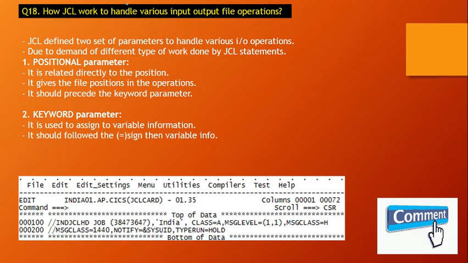How does JCL work to handle various input-output file operations? JCL defines two sets of parameters to handle various input-output operations. Due to the demand of different types of work done by JCL statements, there are two types of parameters: positional and keyword parameters. A positional parameter is related directly to the position. It gives the file position in the operation, and it should precede the keyword parameter. A keyword parameter is assigned to variable information, and it should be followed by the keyword equal to.